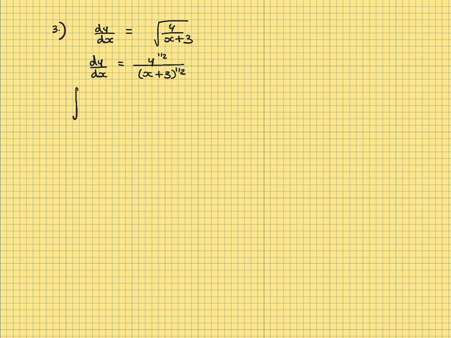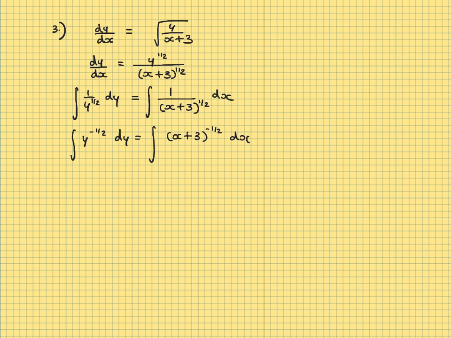So on the left-hand side, we will have 1 over y to the half dy being integrated. And on the right-hand side, 1 over (x plus 3) to the power of a half being integrated with respect to x. It's often a lot nicer to rewrite these as negative powers. Makes it a little bit easier to apply the integration.